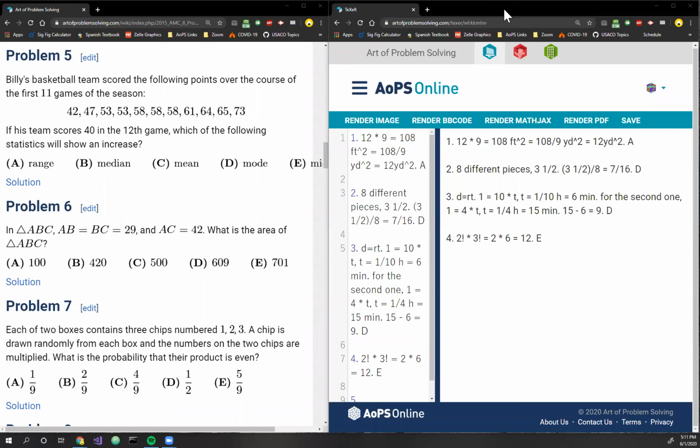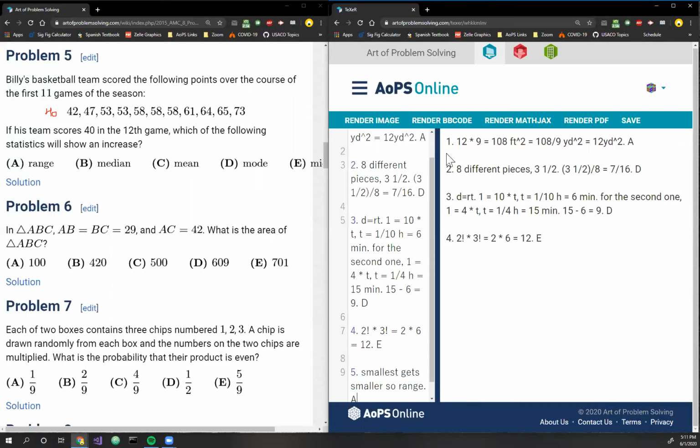Let's first consider the range. The range will increase because 40 is going to be in the beginning. The range just means the difference between the biggest and the smallest. In this case, the smallest gets smaller and the biggest stays the same, so the range will increase. So the answer is A.